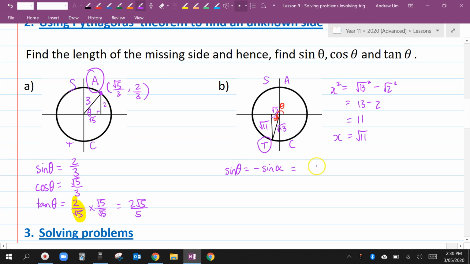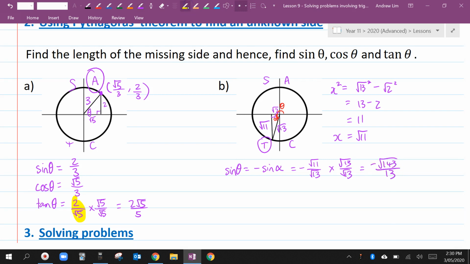What is sine of alpha? Opposite over hypotenuse, but it's negative. Now, if you want to rationalize the denominator, you can. We can multiply it by root 13 on root 13, which is equal to negative root 143 on 13.